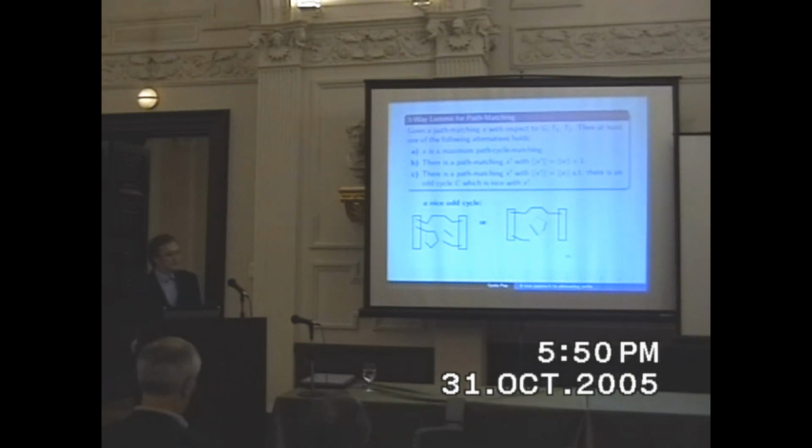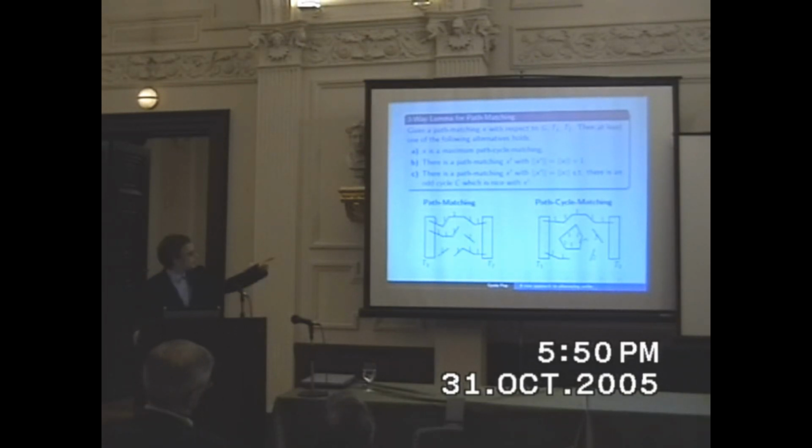And the reduction lemma also extends for the contraction of a nice odd cycle. These two lemmas together combine to a maximum path cycle matching algorithm, a maximum path matching algorithm.